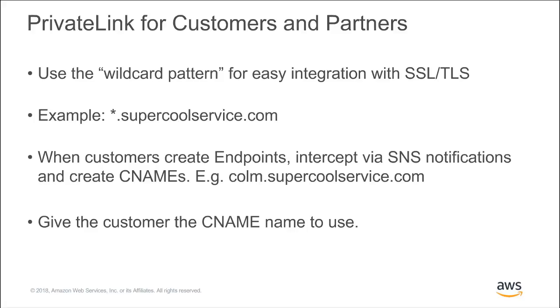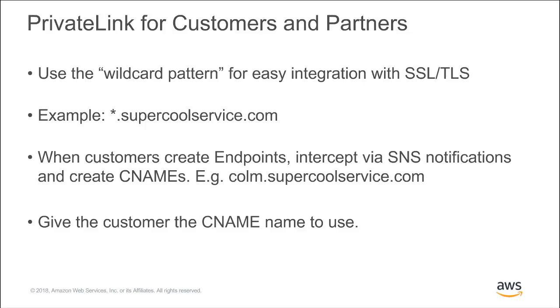One common pattern that we see, and it's very useful, is what we call the wildcard pattern, which is if you want your service to work with SSL or TLS, it's really convenient to create a wildcard certificate for, say, your super cool service. And then when customers create endpoints, intercept the SNS notifications for them, and then create CNAMEs for them, like a per-customer CNAME.